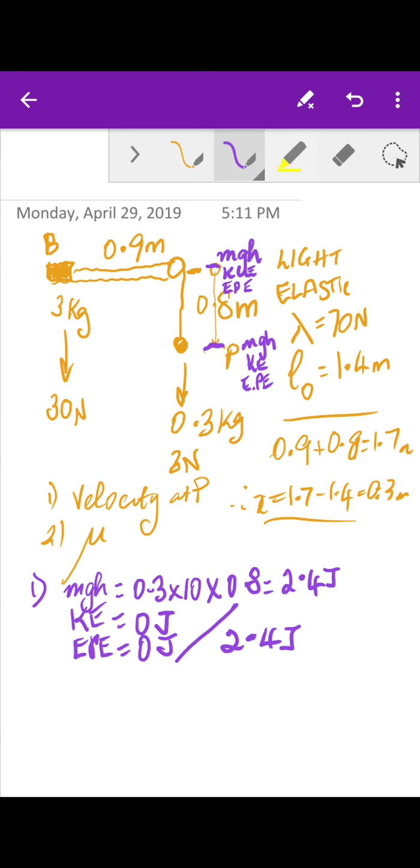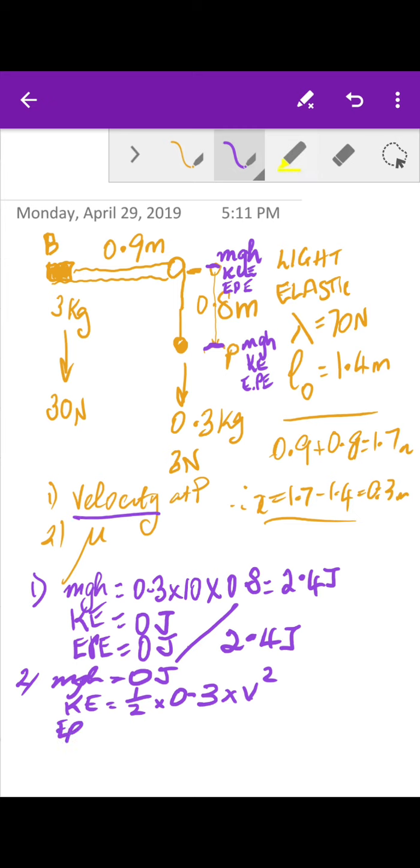Let's have a look at the mgh at the bottom of the fall, which is 0, because 0.3 times 10 times 0 is 0 joules. Its kinetic energy we don't know, so it's half times mass 0.3 times v squared. That's going to help us find the velocity v.